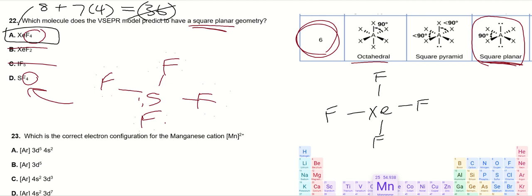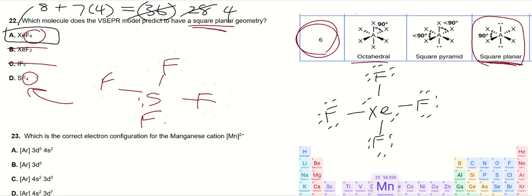We've used up 8 electrons, so we are down to 28. Let's give the fluorines their octet. Another 24 right there, so we're down to 4.